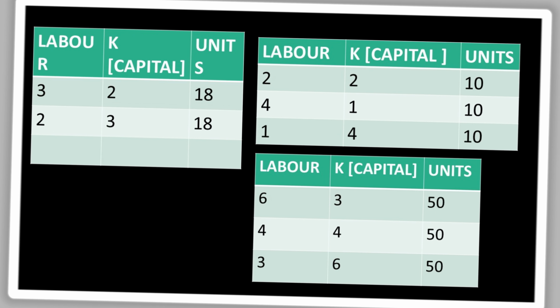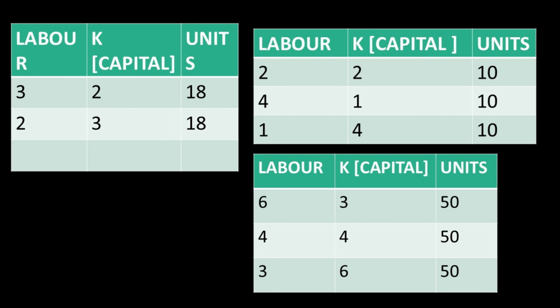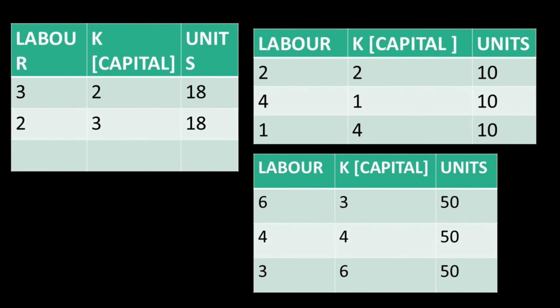Look at this table. 18 units can be produced by using two different combinations. 10 units can be produced by using three different combinations, and 50 units can be produced by using three different combinations of input.